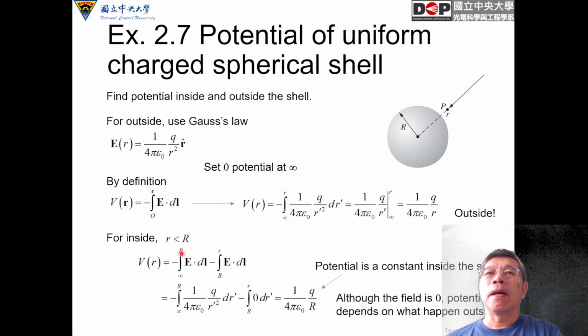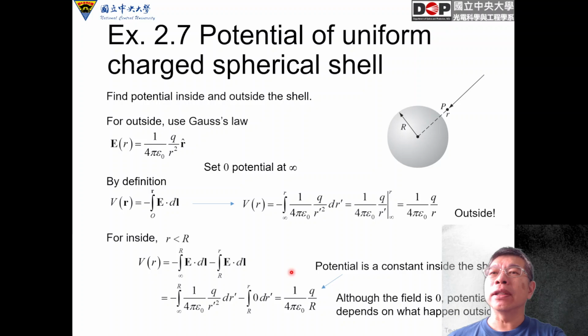But for inside, you will have this small r less than capital R, which is the radius of the shell. The potential can be considered as going from infinity to the shell, and then from the shell to that particular location r inside the sphere.